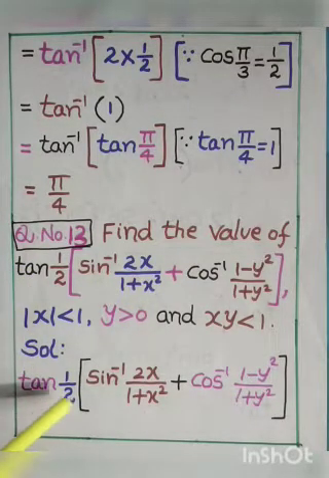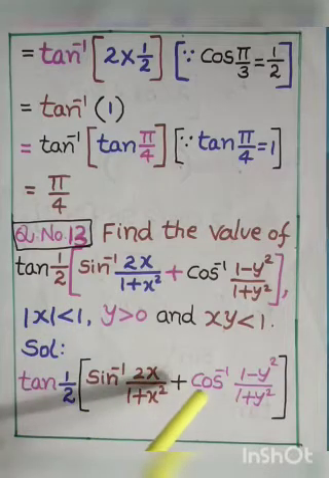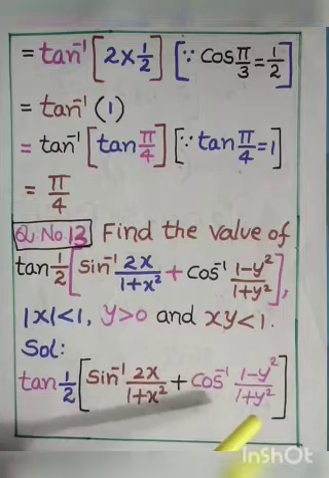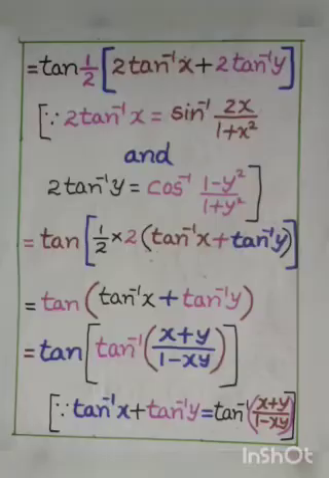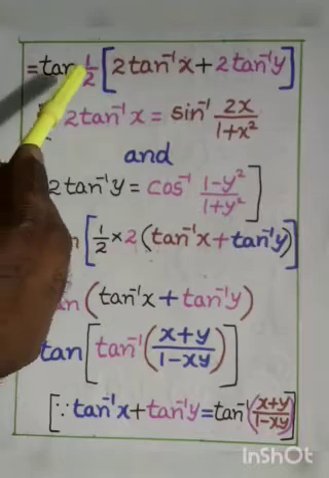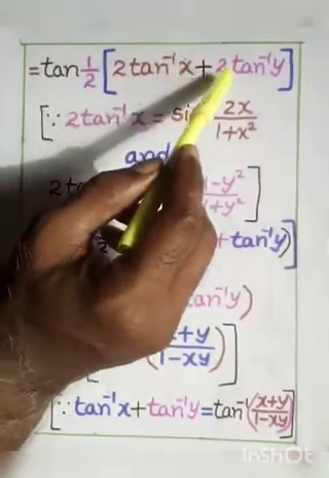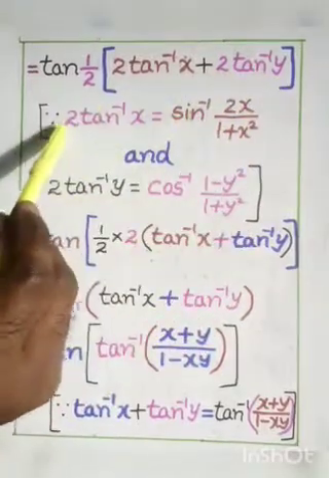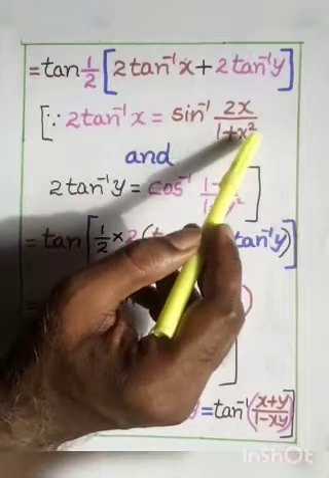Now let us take the given function. Tan 1 by 2 of sin inverse 2x by 1 plus x square plus cos inverse 1 minus y square by 1 plus y square. Right. That is equal to tan 1 by 2 of 2 tan inverse x plus 2 tan inverse y, because 2 tan inverse x is equal to sin inverse of 2x by 1 plus x square.